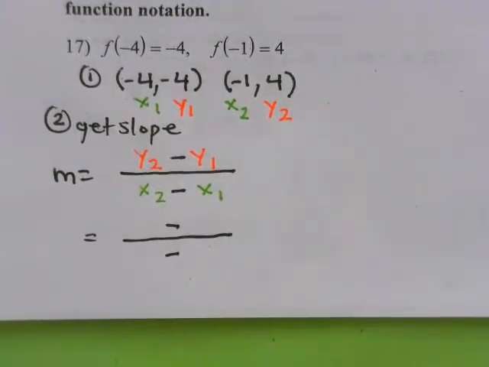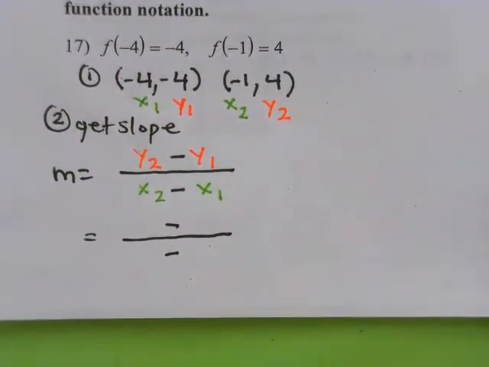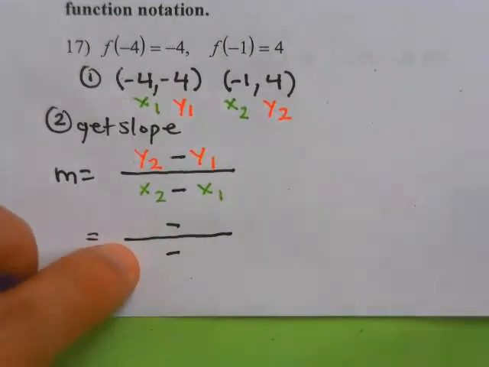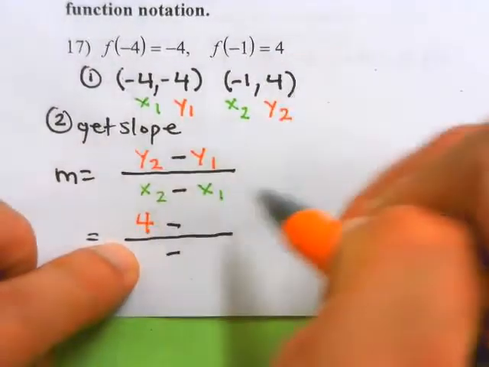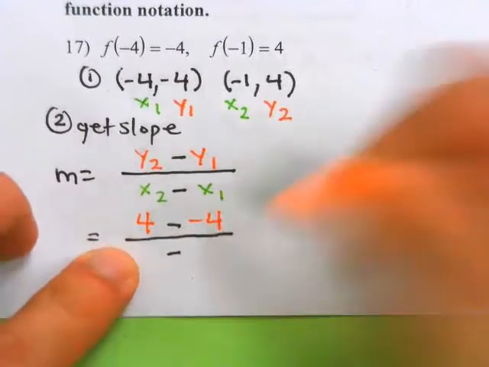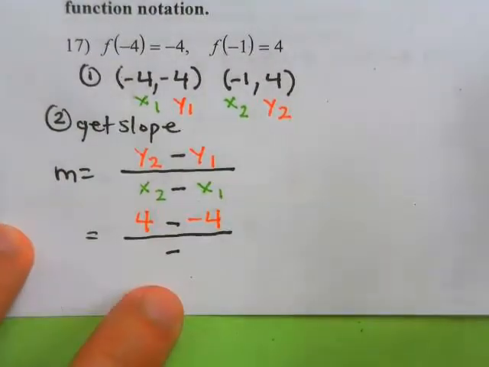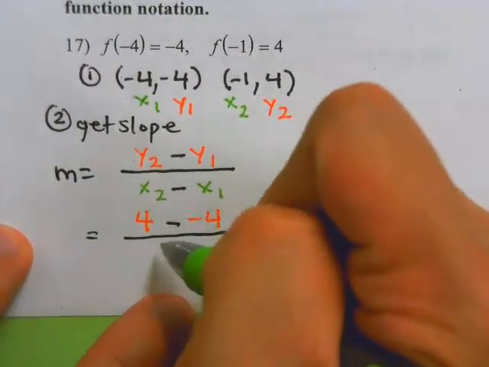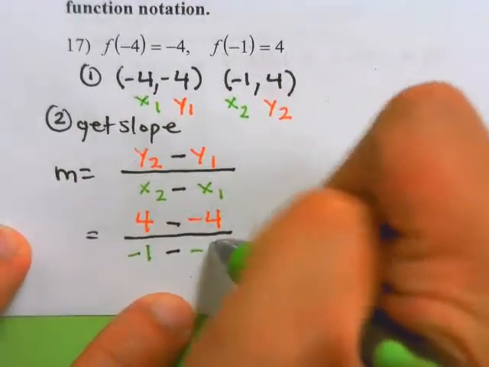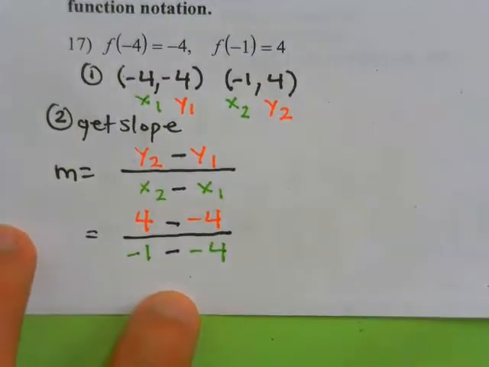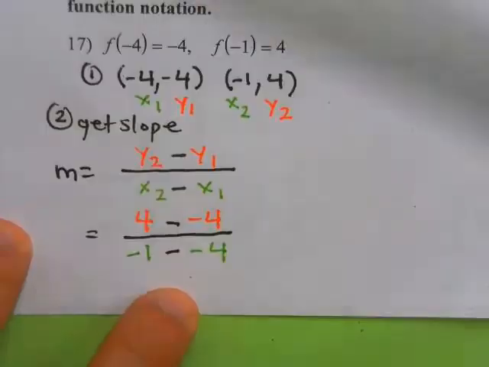As a class, you tell me what to write. Ready, go. Thank you. All over. Nice. So that minus sign will always stay put. 4 minus -4, over -1 minus -4.